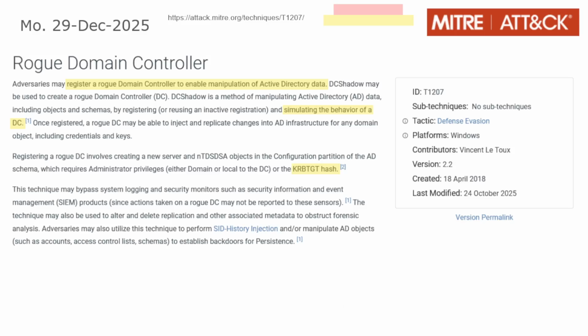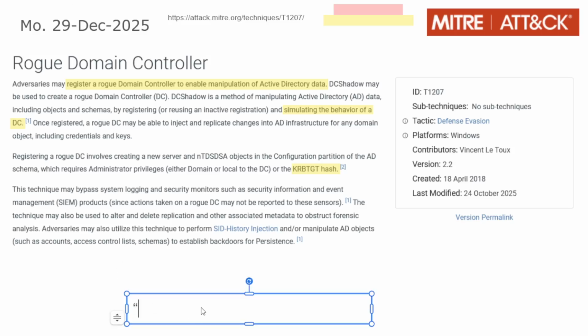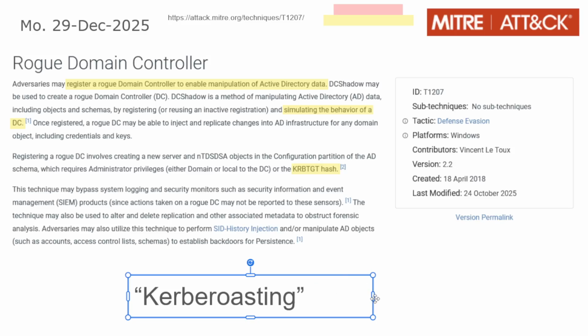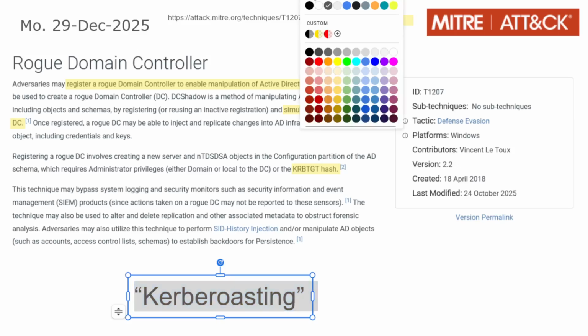Let me write that down in big letters here. So we write Kerberoasting. Let's write that out in a very big letter here, in red letters as well, so that we see it when we watch this video in some time.